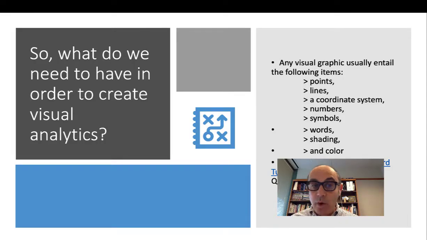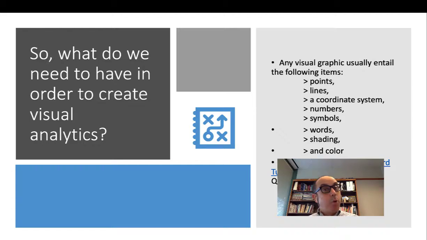So let's begin with visual. Compared to language, mathematics, statistics or chemistry, visual does not have a foundation or grammar that we are accustomed to seeing. So what does visual usually entail?